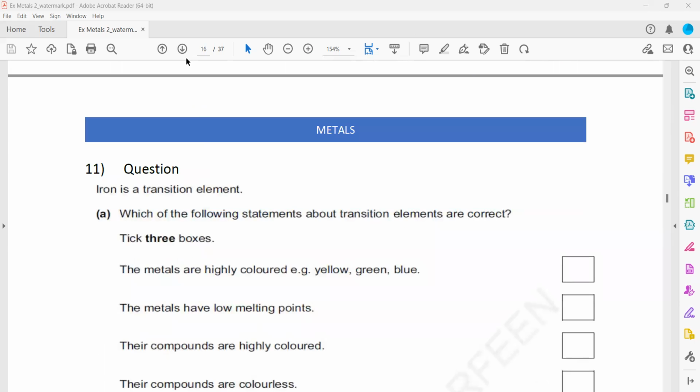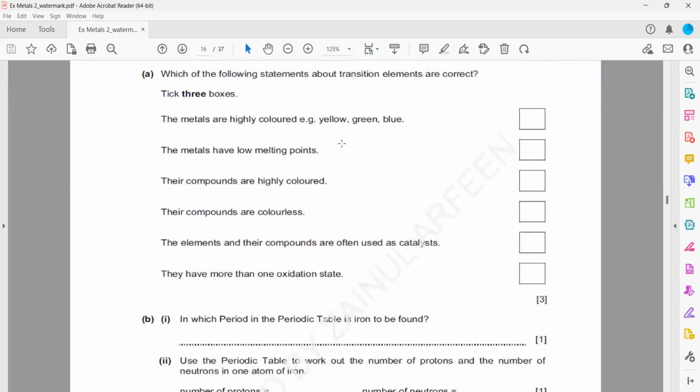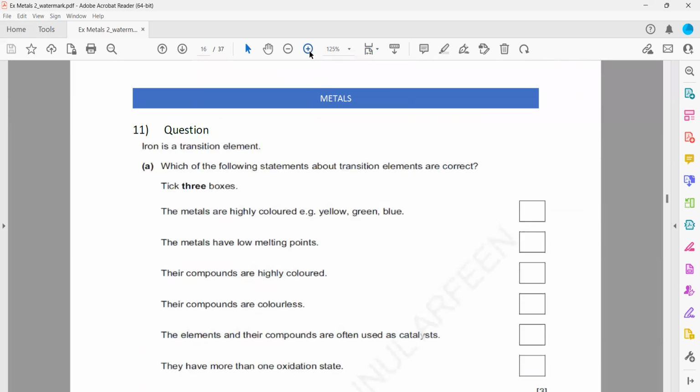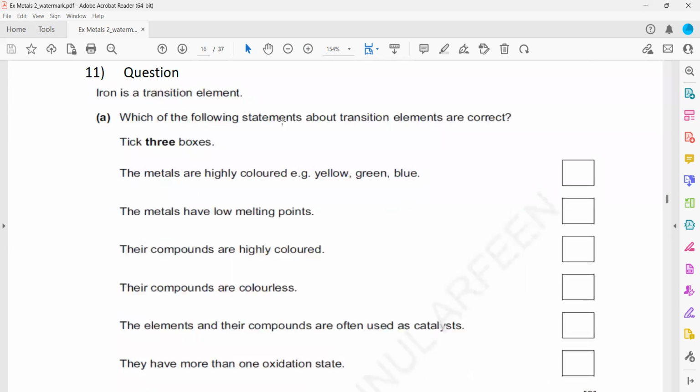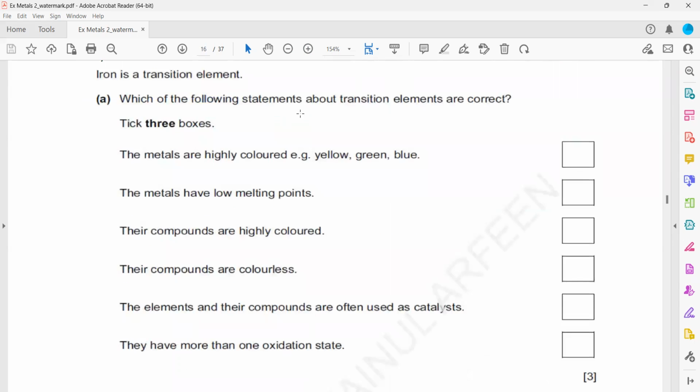If you find any question difficult or you're not able to understand, just let me know. So I'll repeat that. You can use the screen annotation to tick 3 properties of transition element, iron.